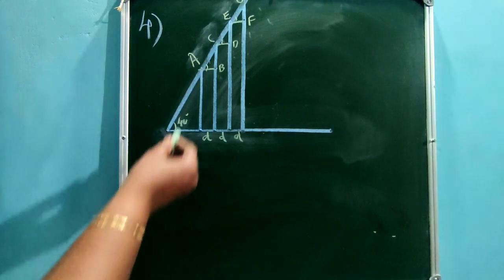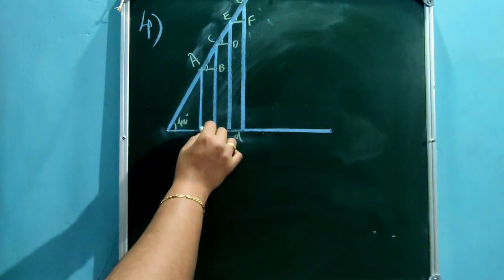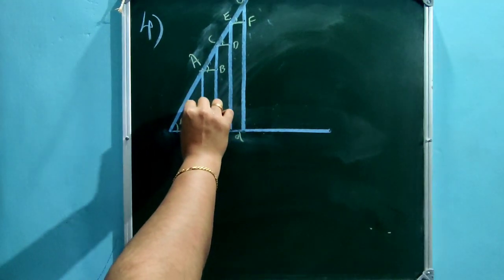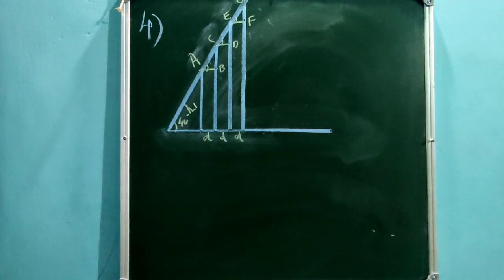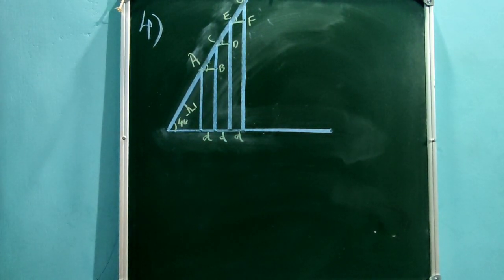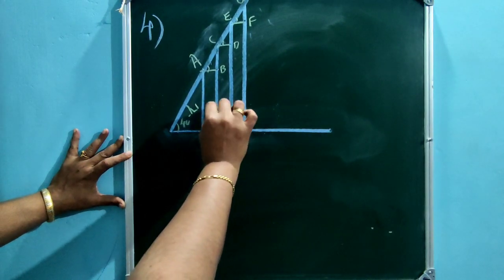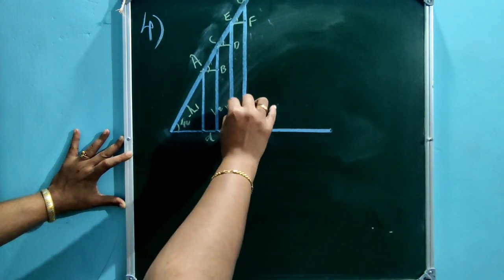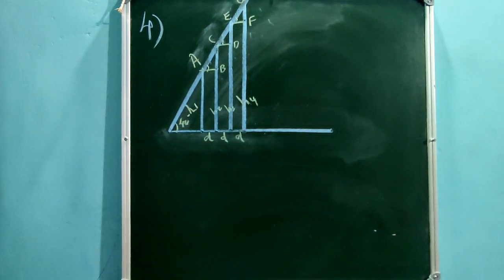Then I take the height of the first vertical line as H1, the second line H2, this H3 and this H4, like that.